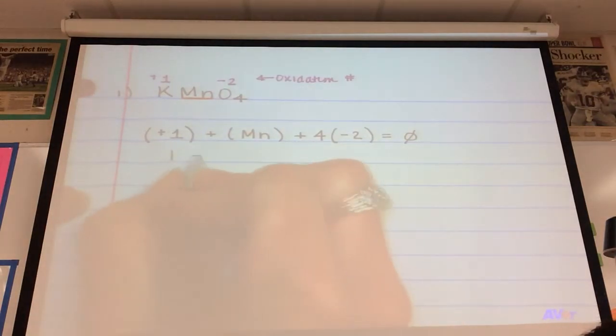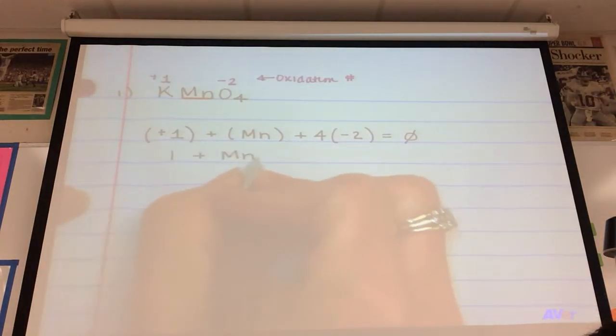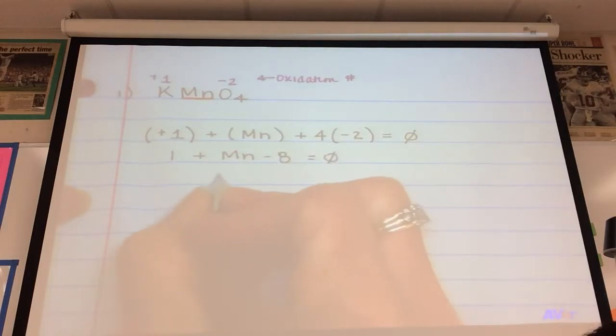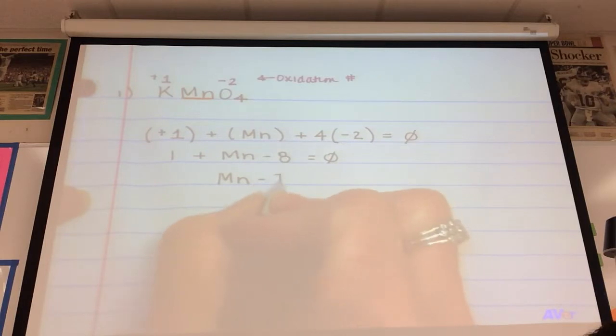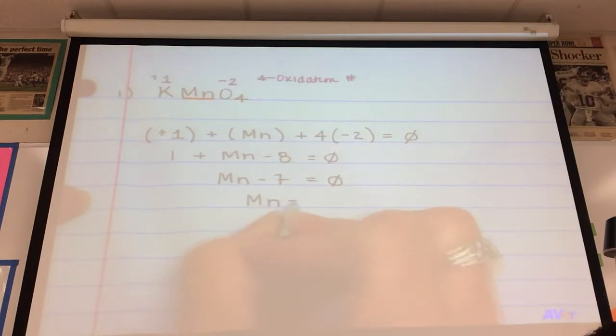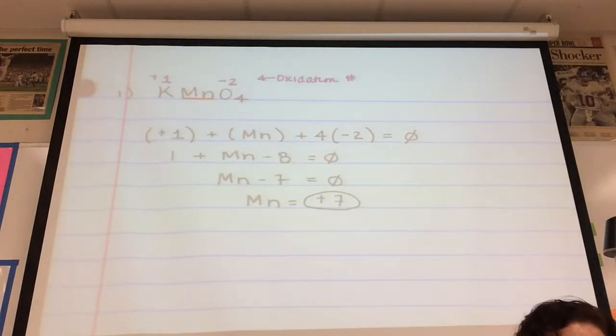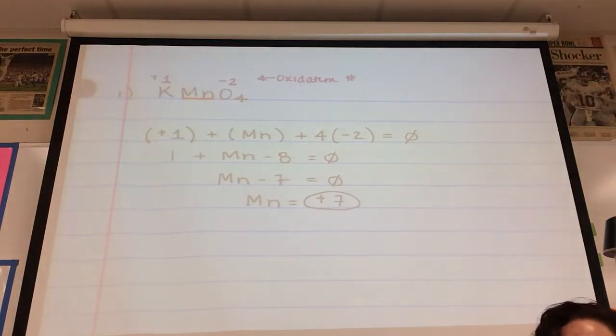I have 1 plus manganese minus 8 equals 0. I have manganese minus 7 equals 0. The oxidation number for manganese is +7. That's the missing one. Baby algebra without a calculator, slow and steady.